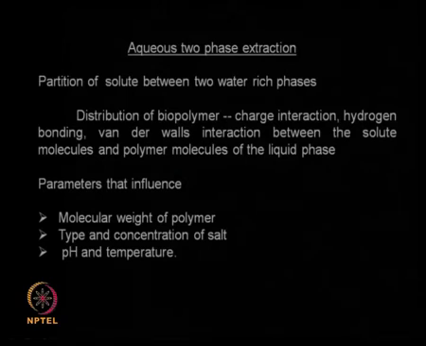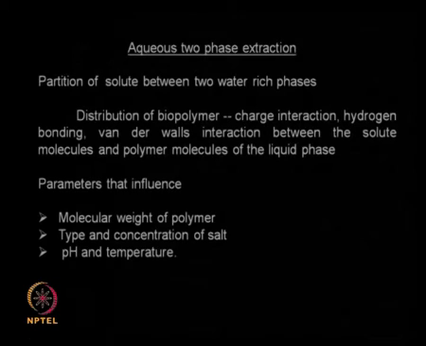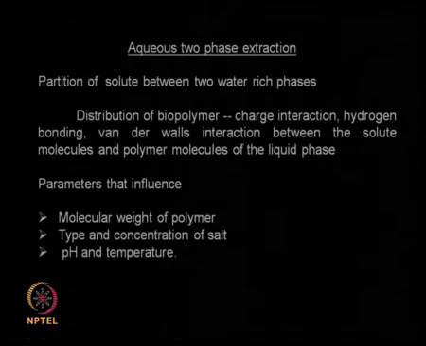So in this particular aqueous two phase system, you are having the solvent also water, and the protein is also initially present in the water. For example, if you are carrying out a fermentation, and generally fermentations are carried out in aqueous medium in the presence of salts, buffer, and so on, you may have the biomass, cell debris, broken cells, and the metabolites, intracellular material present.